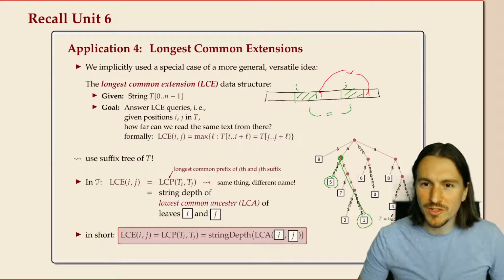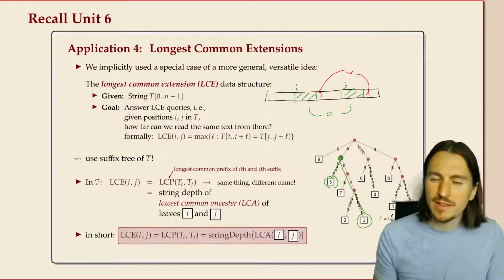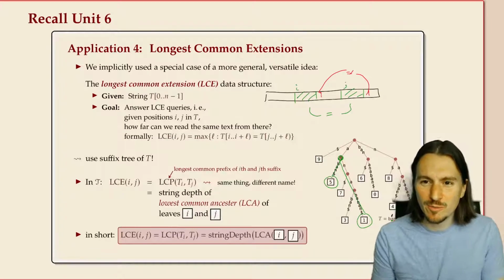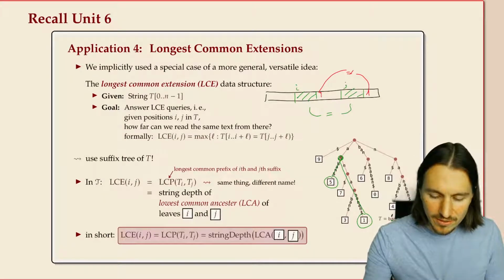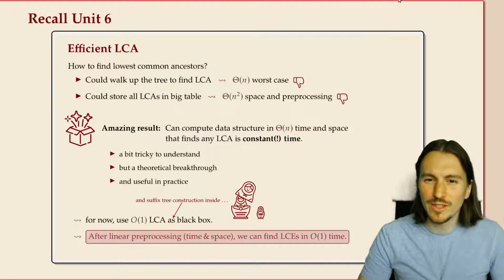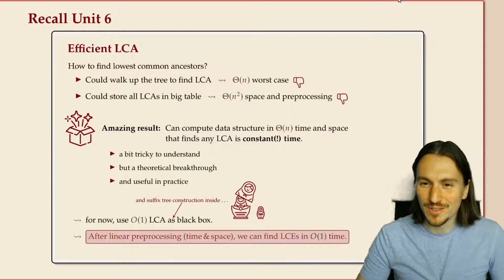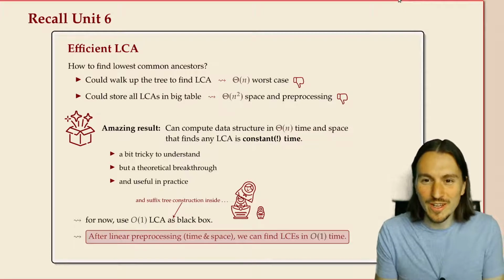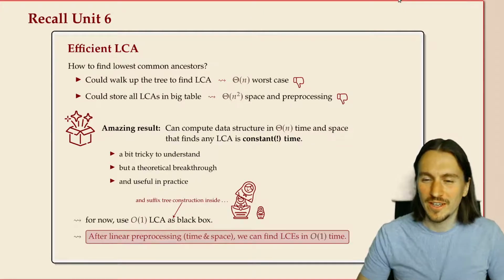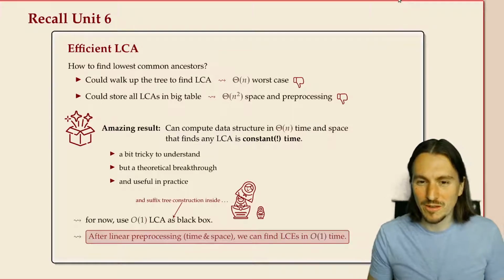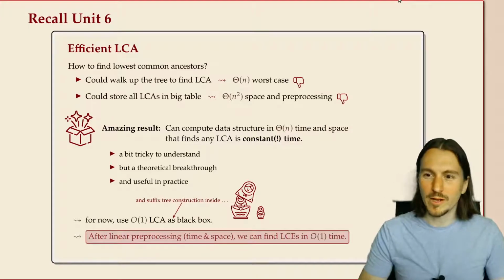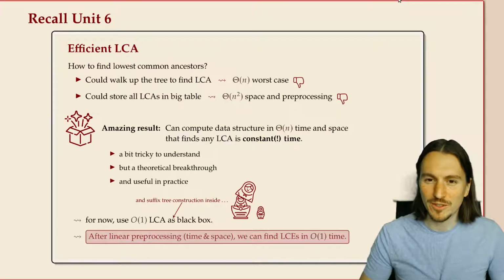That was what we noticed at the time. And then we found that this longest common extension problem is really useful in doing all sorts of extra clever algorithms on strings. Using the suffix tree plus this LCE data structure allowed us to solve some other interesting problems. Remember the kangaroo algorithm for finding approximate matches.